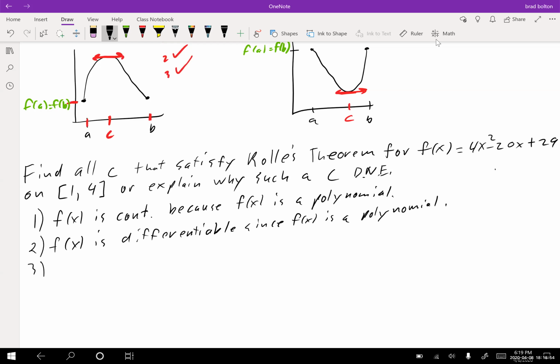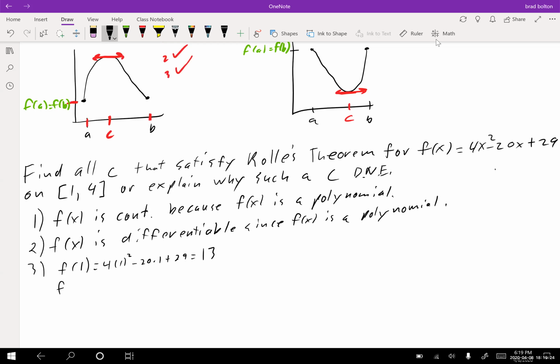And then step 3, f of a, so let's do f of 1, would equal 4 times 1 squared minus 20 times 1 plus 29. What do we get from that? That's 4, 9, what do we get, 13? So I think we get 13 on this one.